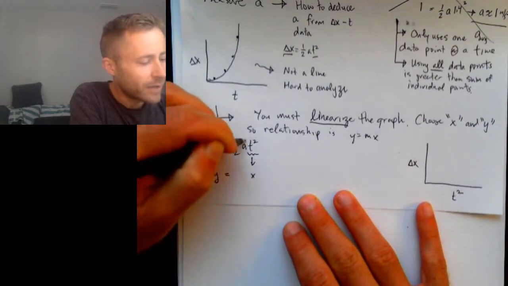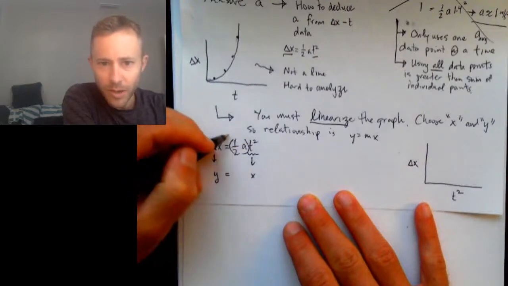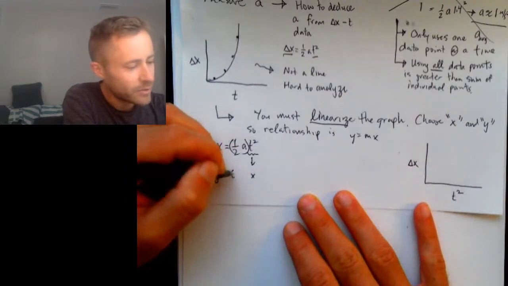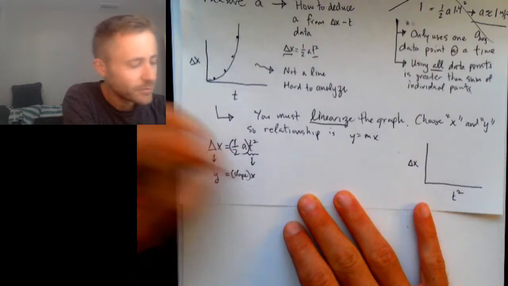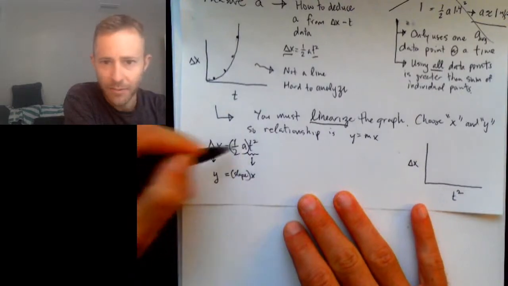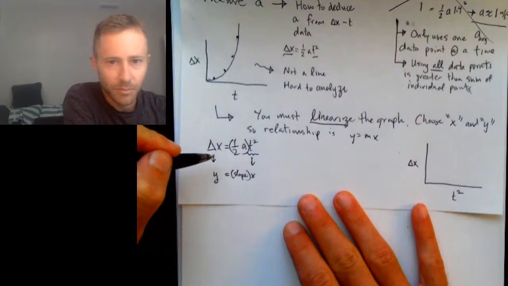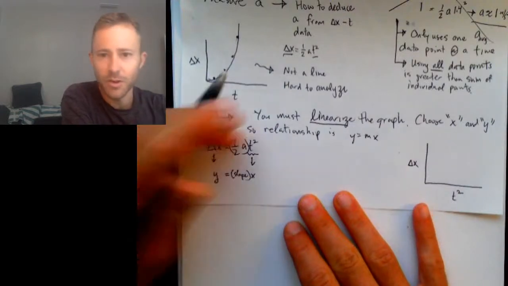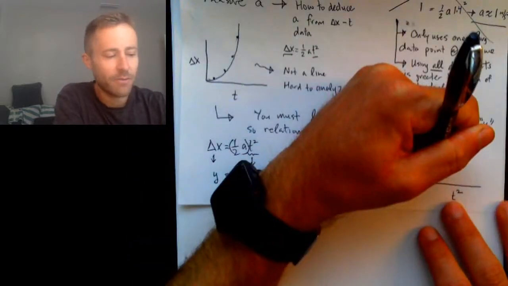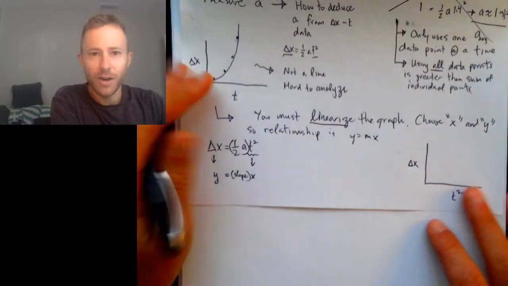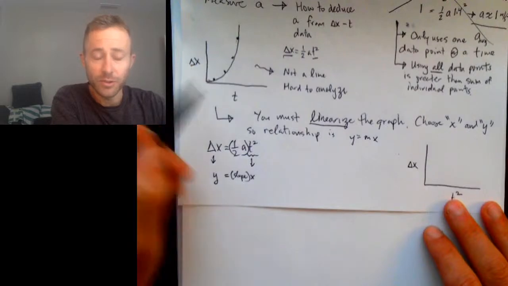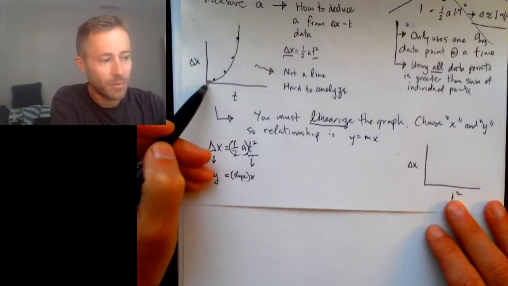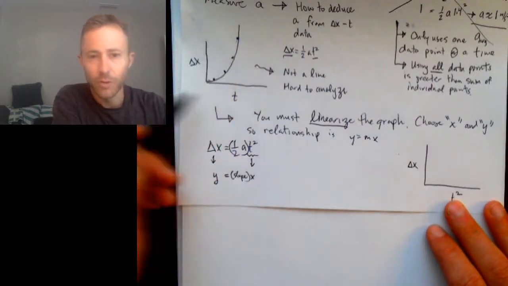And then, as we know, the number that multiplies x is the slope. We can see that 1/2 a is multiplying x, so that must be the slope. If I graphed displacement versus time, I get a bendy curve of best fit.